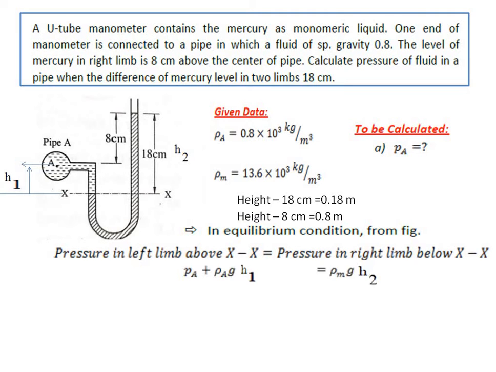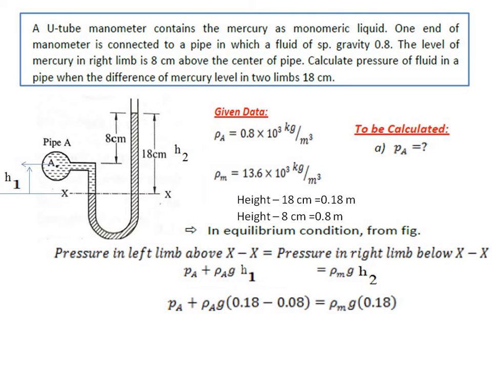Now we have to calculate h1, because we know that PA plus rho A g h1 is equal to rho M g h2. h1 can be calculated as 18 minus 8, which is 10 centimeter. We have to convert it into meter, so it is 0.1 meter.